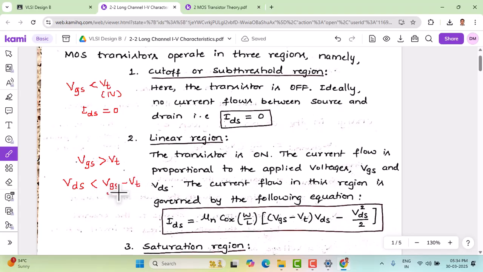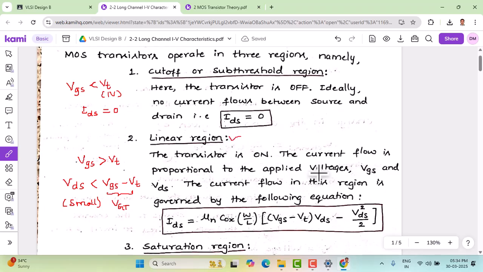This we'll call capital VGT. So the drain to source voltage is going to be very small. With this small drain to source voltage and VGS greater than VT, these are the conditions required to operate an NMOS transistor in the linear region. In this region, the transistor is on.